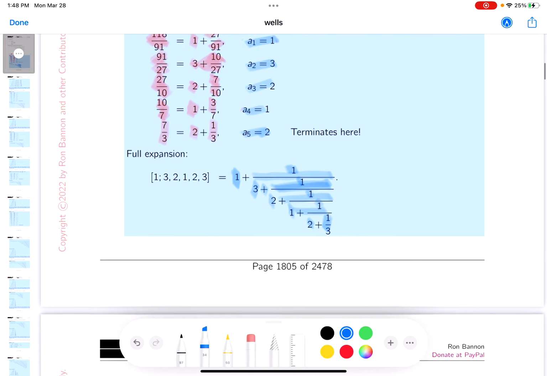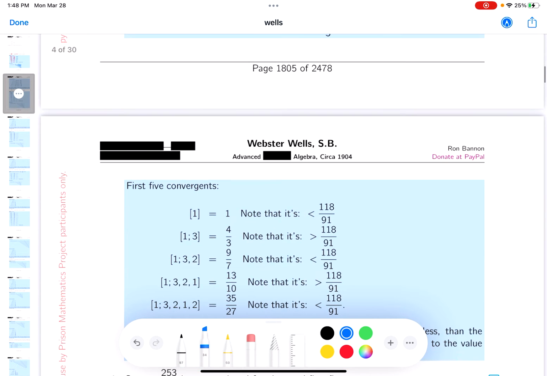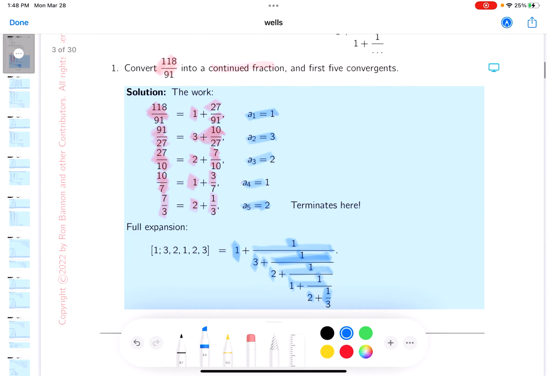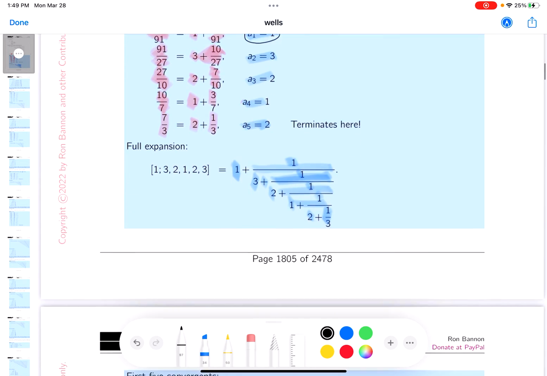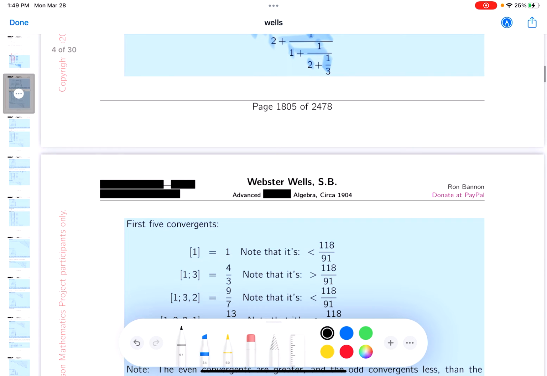Now, they're asking for the 5 convergents. All right? So let's go through this one step at a time. And I want to point out what we're seeing over here. The first number I'm receiving, let me point that out to you, is the number 1. Right? So that's right over here.